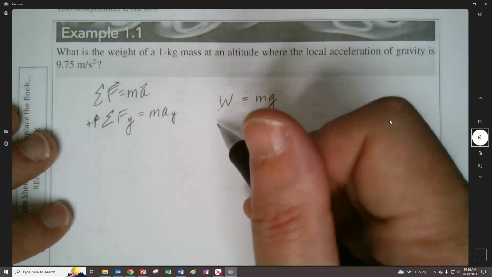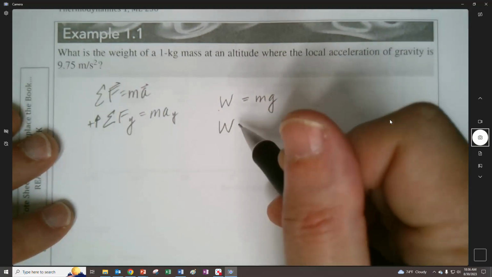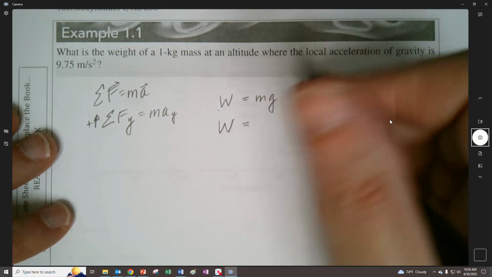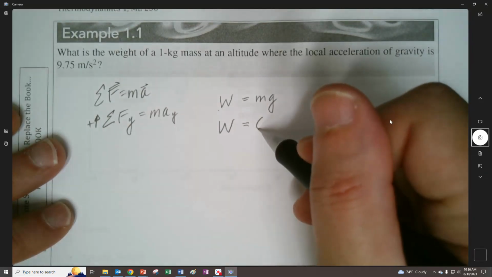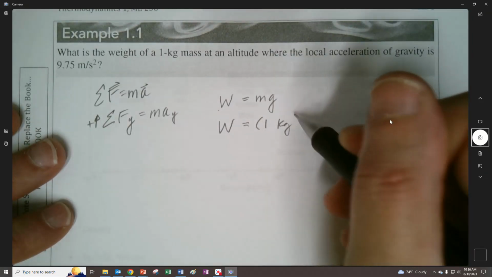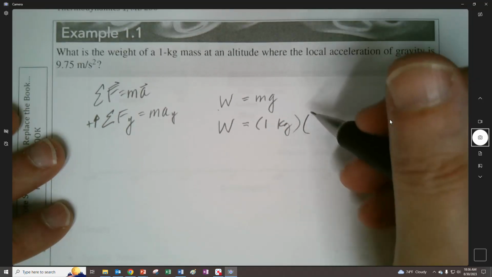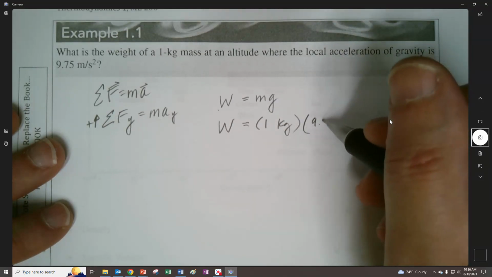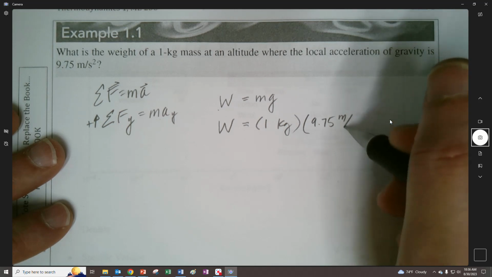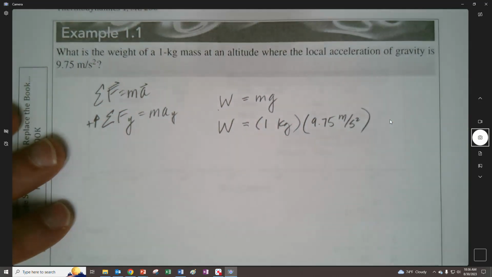But anyway, what we would do here is the weight of the thing is going to be the mass, or 1 kilogram, times 9.75 meters per second squared, right?